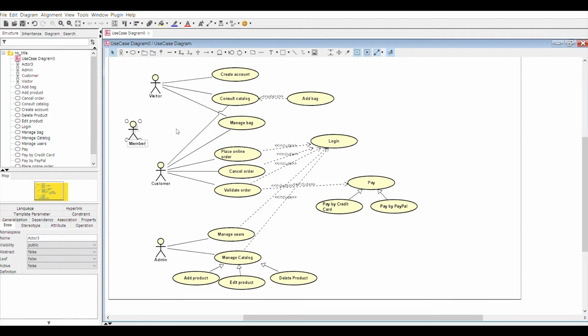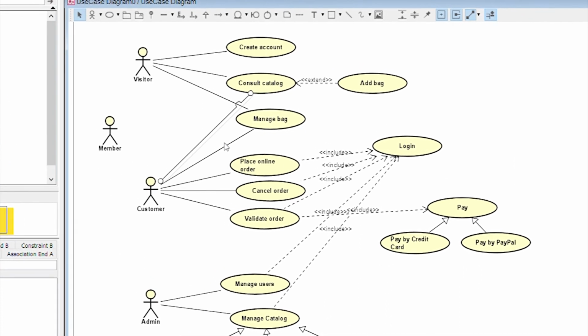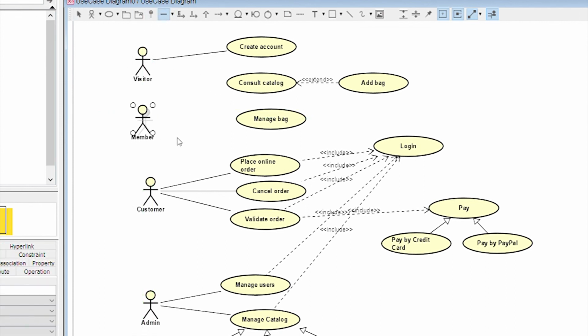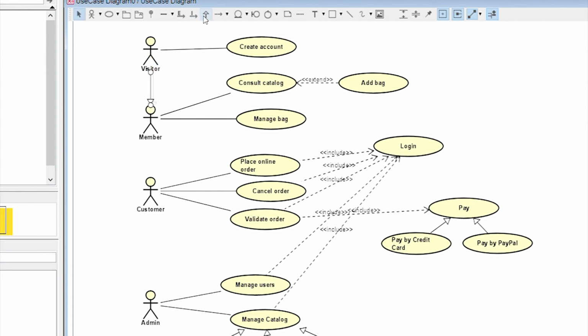I will delete these two associations. The member will do consult catalog and manage bag, and of course these two actors will inherit this actor. So I will put here a generalization symbol like this.